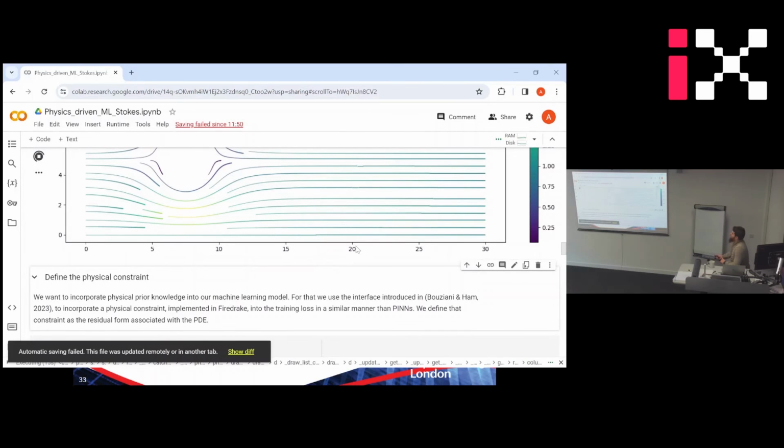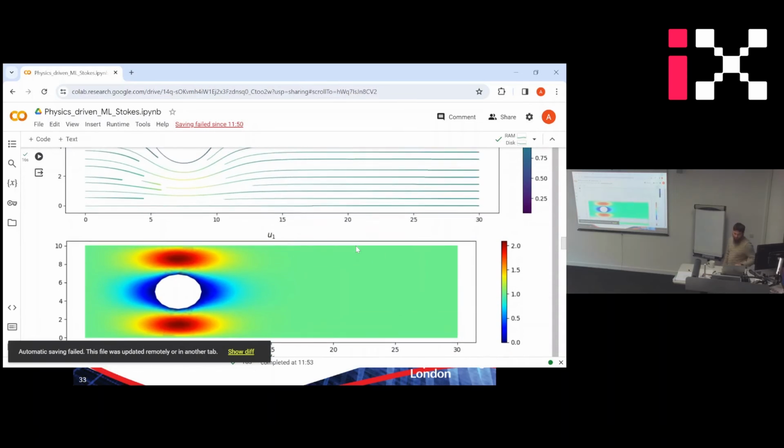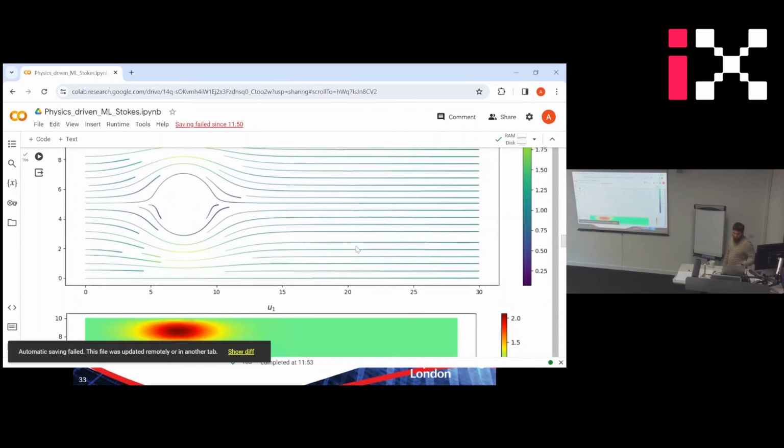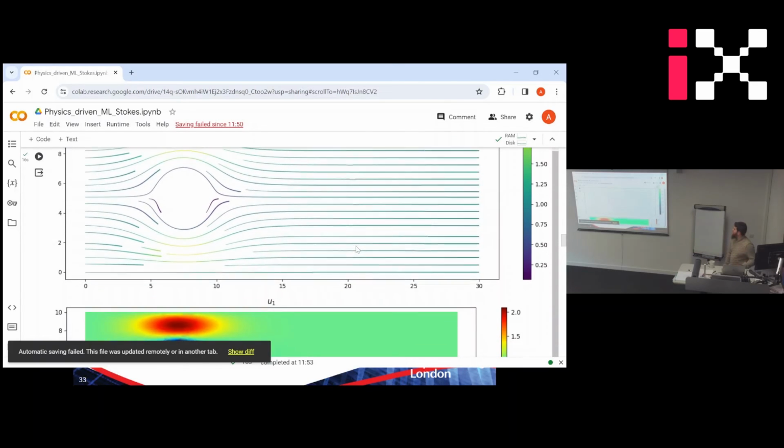Because this is running on Colab, I took a low resolution. The mesh you saw is a low resolution. Usually you would run that on a much higher resolution. So this is the solution I get. This is the streamline, this is the flow. So you have the flow entering this side. It goes around the cylinder and then continues all the way to the exit.